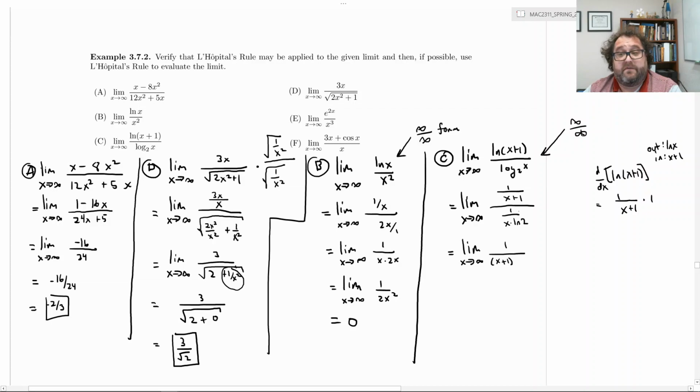Oh, I didn't do that right. Of course, that x plus 1 does go on the bottom. But we flip and multiply. That gives us x times natural log of 2 on the numerator. Okay, it's still not abundantly clear what's going on there.